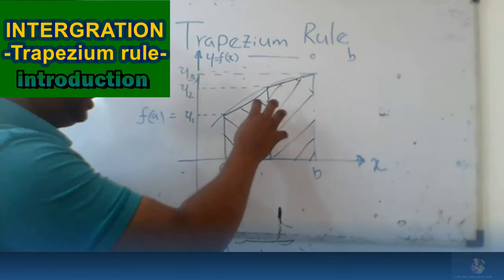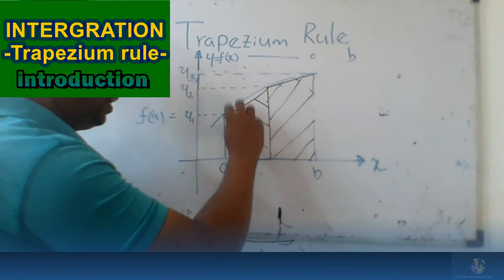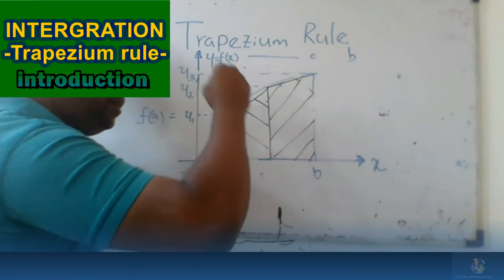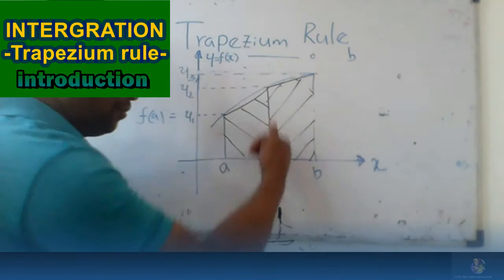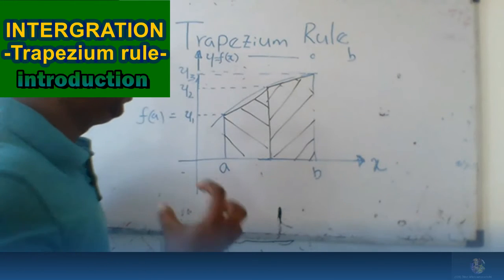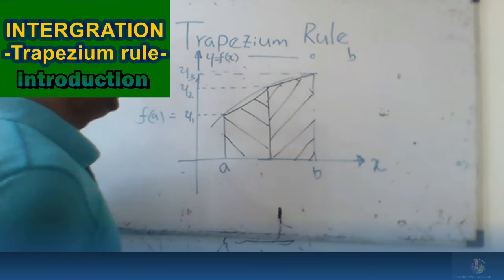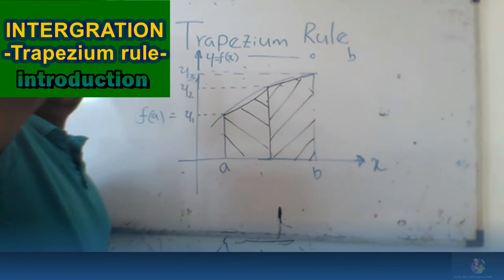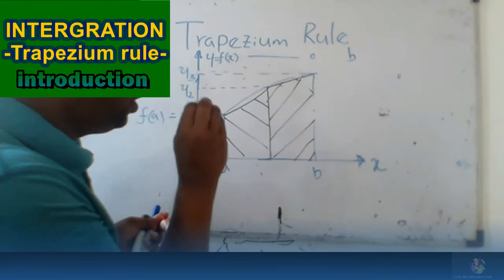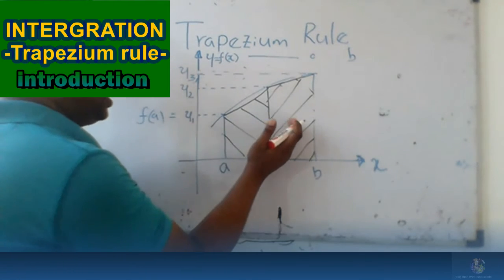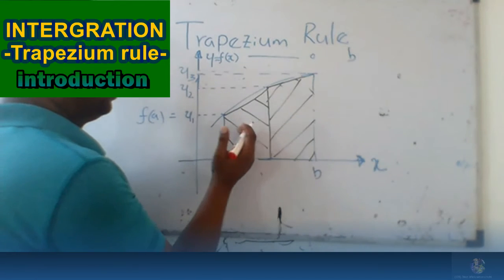Most probably if you add these two areas, that should be very similar to the area under the graph. But if you check carefully, we can see two parts of the area, a small amount, that is not included in the areas of the trapezium.